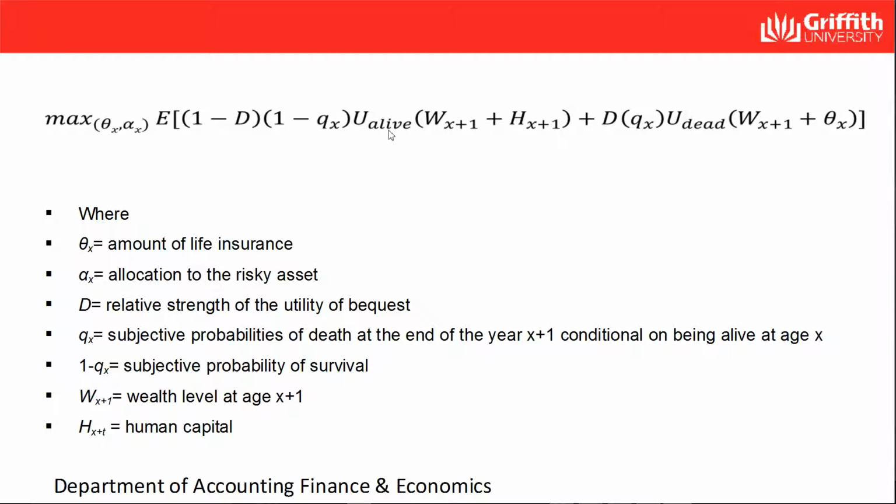times the utility of being alive, times total wealth, which is financial wealth and human capital wealth, plus the relative strength of the utility bequest, times the subjective probability of death, times the utility of the dead state, times the financial wealth plus the amount of life insurance, and close the brackets.